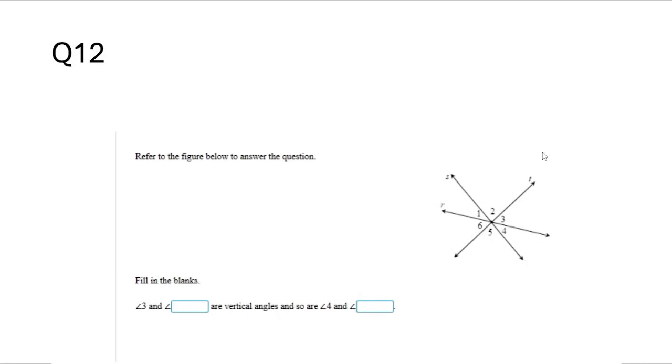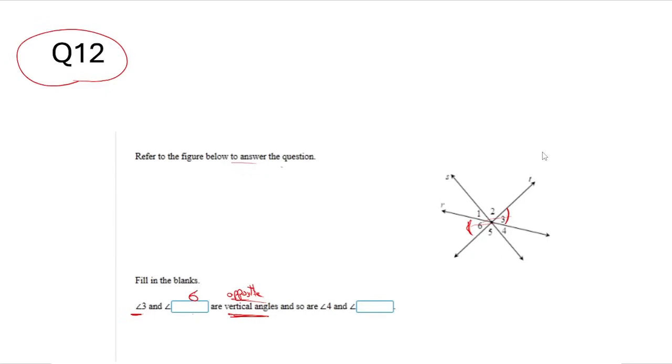Okay, question number 12. Refer to the figure below to answer the question. Fill in the blank. Angle 3 and angle blank are vertical angles or opposite angles. Vertical means opposite angles. We explained it before. So angle 3, what is the opposite for angle 3? Angle 6.